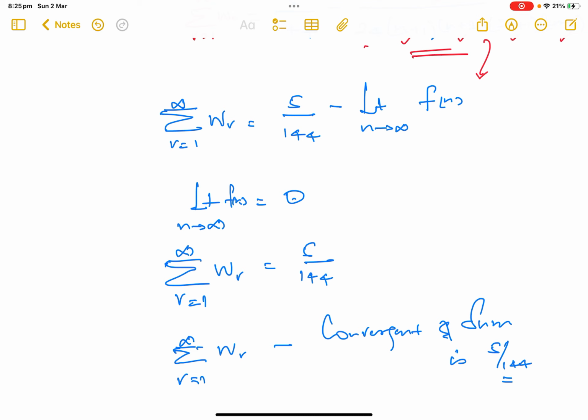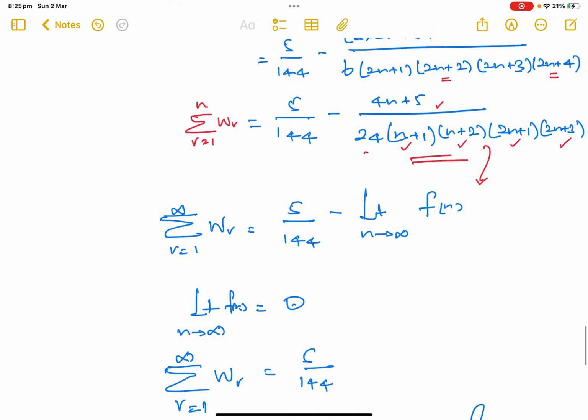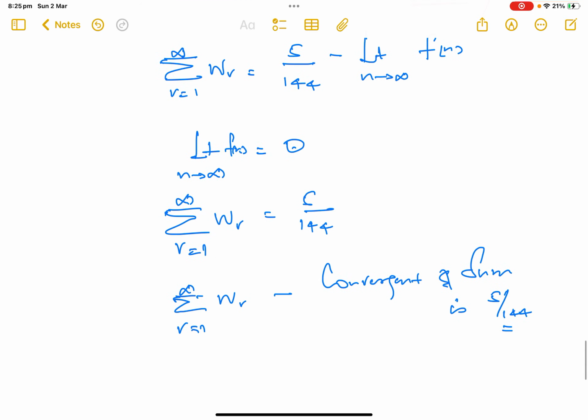If n tends to infinity, f(n) tends to 0, because the numerator is a linear function, but the denominator still has n to the power 3, a third-degree polynomial, which goes to infinity, and 1 over infinity is 0. So that's 0. So what we have is the sum of w_r from 1 to infinity equals 5 over 144. So obviously we have a finite value. Therefore, the sum of w_r from 1 to infinity is convergent, and its value is 5 over 144.